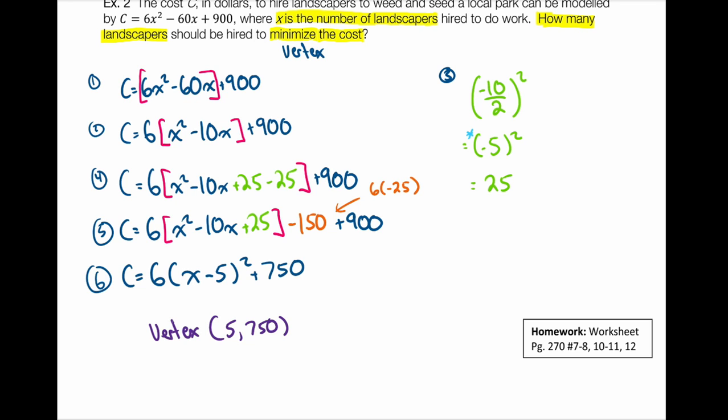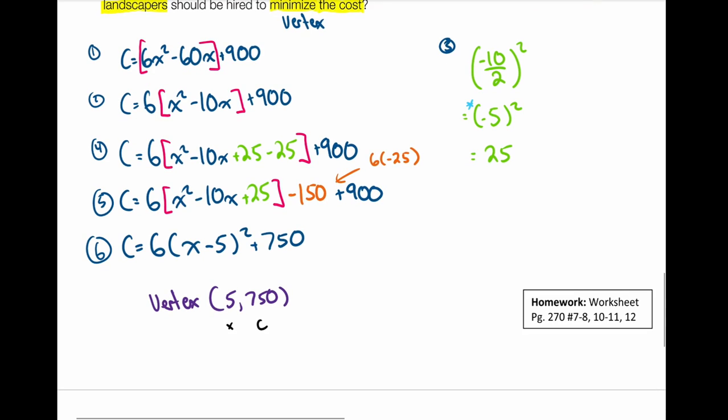But if you have trouble or forget about vertex form, please go back and look at that lesson just to refamiliarize yourself with what vertex form gives you in terms of information about the quadratic. So we know our vertex is (5, 750). If we want to get technical, our 5 represents our x and our 750 represents our cost, or C.